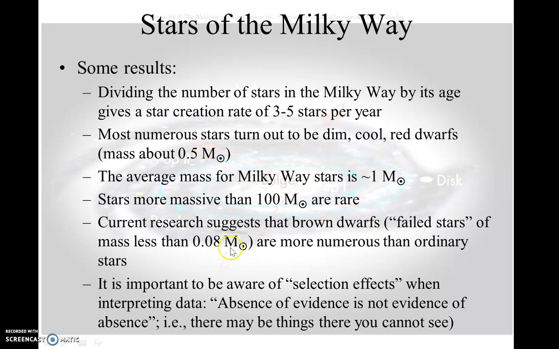They're playing a much more significant role than we realized. In fact, we think that there might even be more failed stars than there are actual stars where thermonuclear fusion is taking place. For example, Jupiter would be an example of a failed star, or one of these brown dwarfs. Jupiter actually emits its own heat, but not because of fusion.